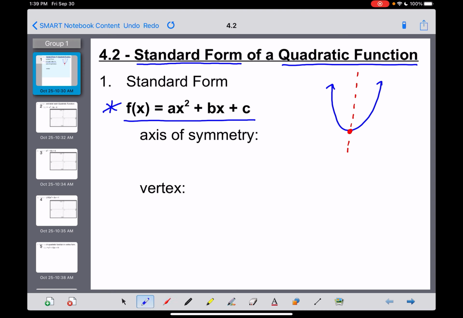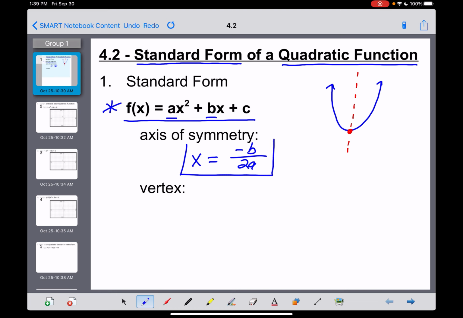The equation for the axis of symmetry in any parabola is x is equal to, and now using b, the coefficient of x, and a, the coefficient of x squared, our formula for the axis of symmetry is x equals the opposite of b over 2a.